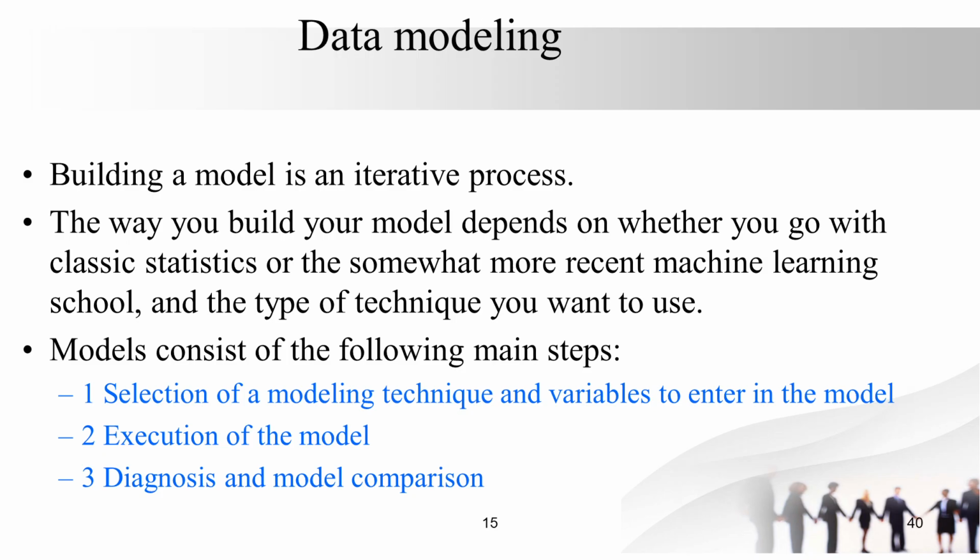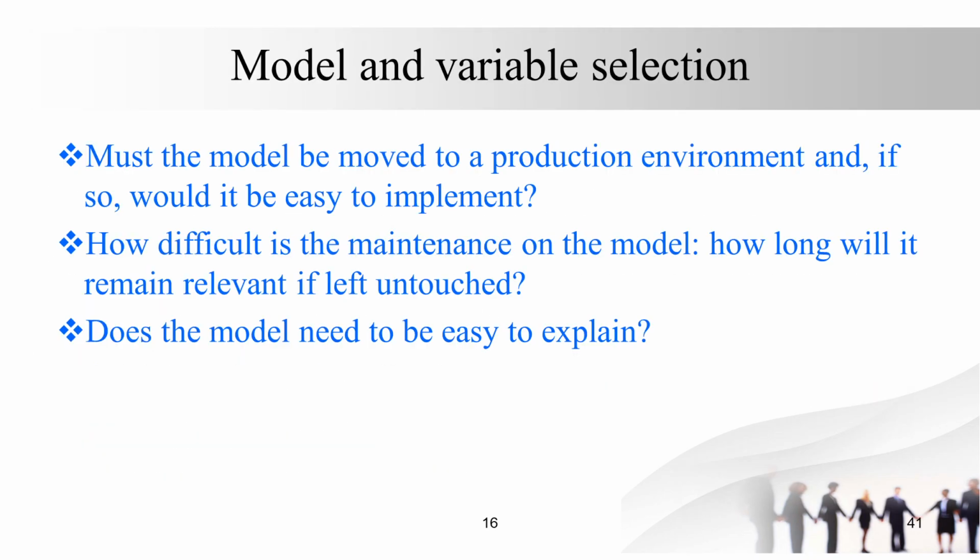So these are the 3 steps. Now, if you first consider what a variable is and how you are going to select it, the difficulty is mainly how you are going to maintain your model. Whether it is going to be maintenance free, or whether the model is self-explanatory, or you require it to be explainable, or in which environment you are going to implement your model.